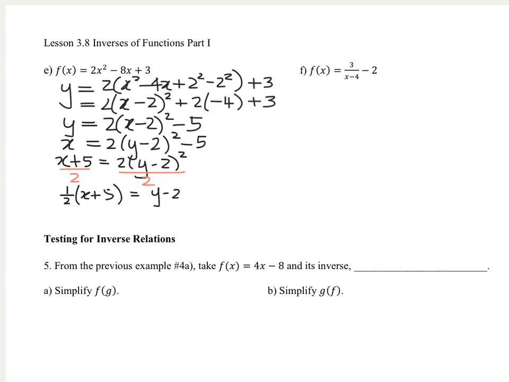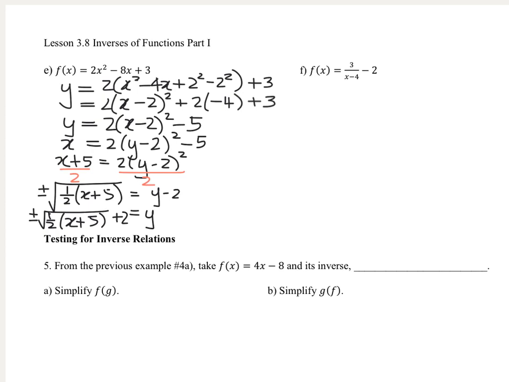But instead of the squared here, what I'm going to do is simply take the plus or minus square root on the other side, like so. And that will get me my y minus 2 without the square. So then my final step will be to add the 2 to both sides. So I'll get plus or minus the square root of half x plus 5, and then on the outside plus 2, and that will equal y.